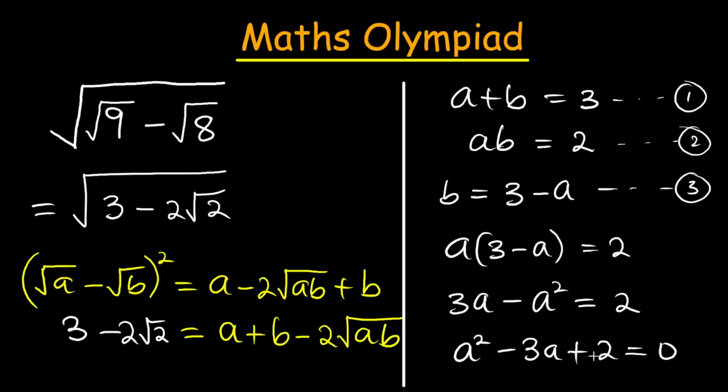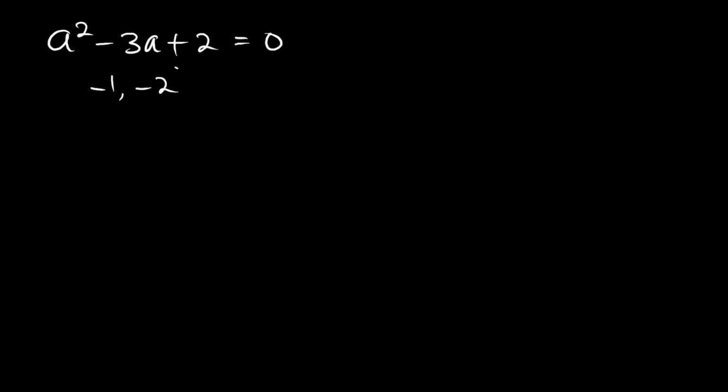Now I'm going to solve this using the factorization method. The two factors that multiply to give 2 and add to give minus 3 are minus 1 and minus 2.